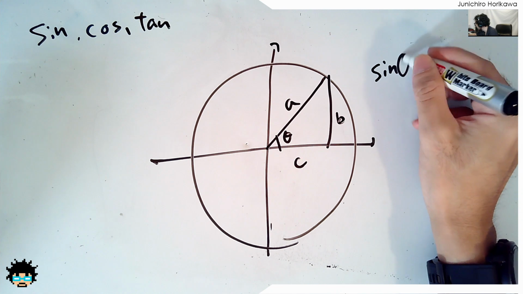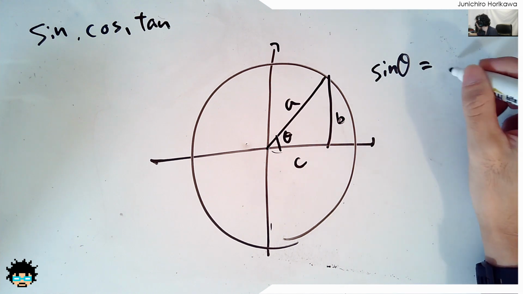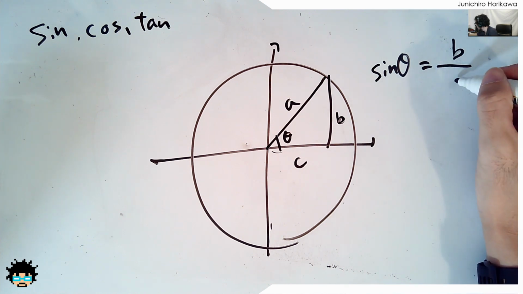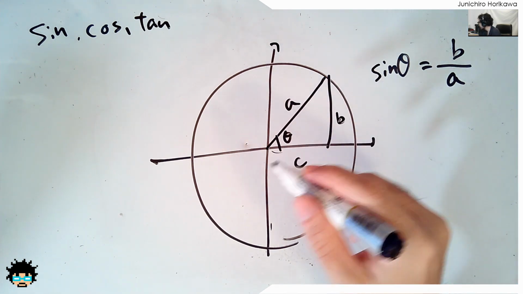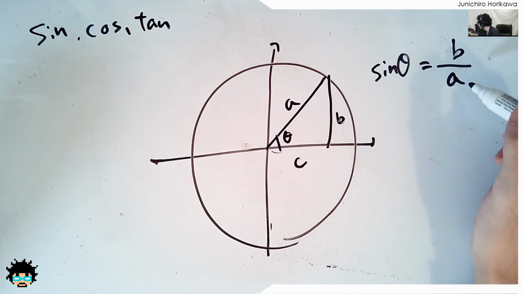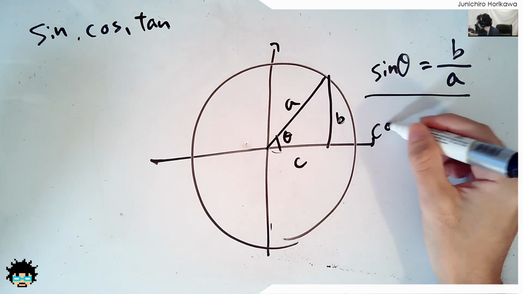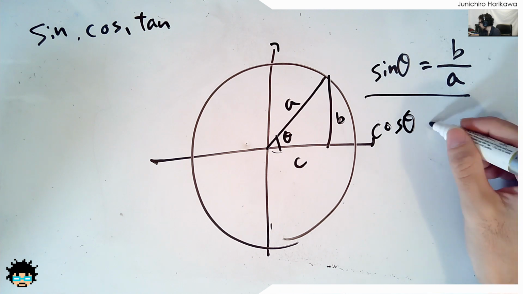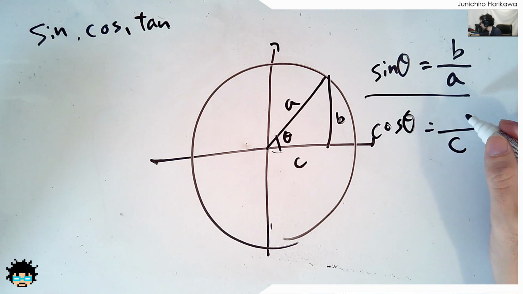So when you say sine theta, you use sine, cosine, tangent with an angle, this angle, and sine theta is equivalent to b divided by a. So b divided by a is the sine function. And if it's cosine theta, that is equivalent to c divided by a.